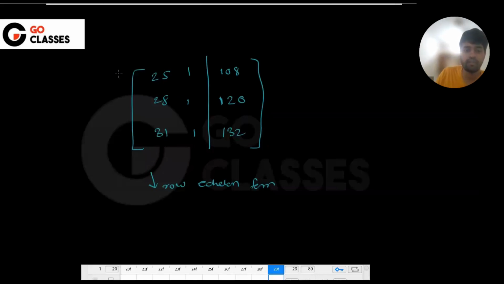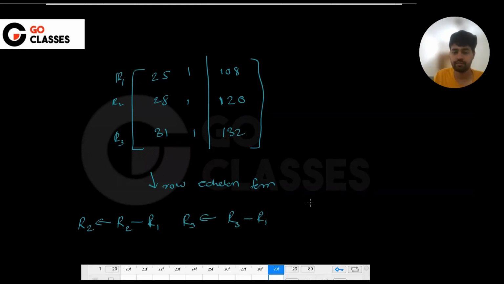So this is row 1, row 2, row 3. These are the transformations that we will use. I have row 1, and row 3 becomes row 3 minus row 1. I'm doing it in a very short manner, but I suggest you try it out.